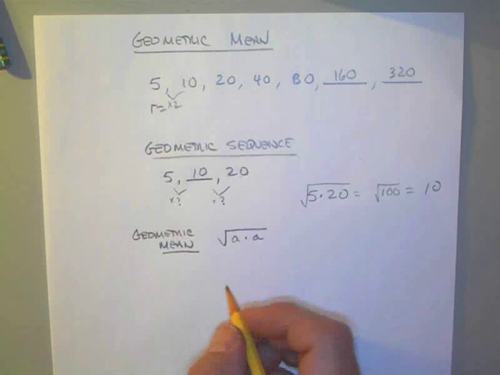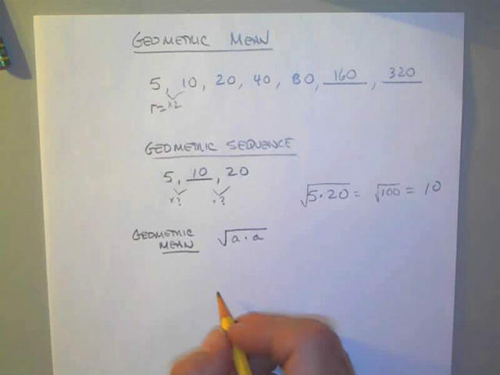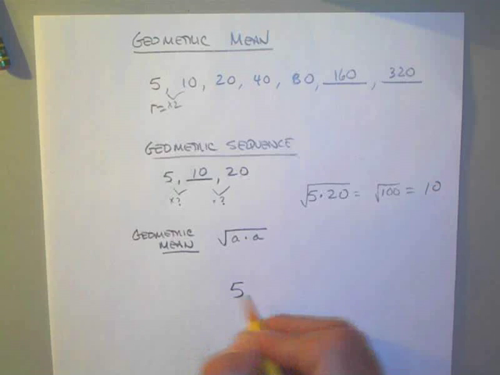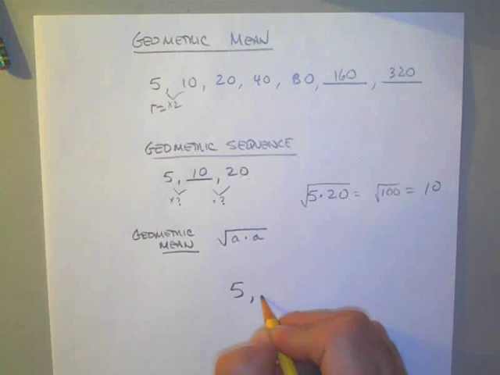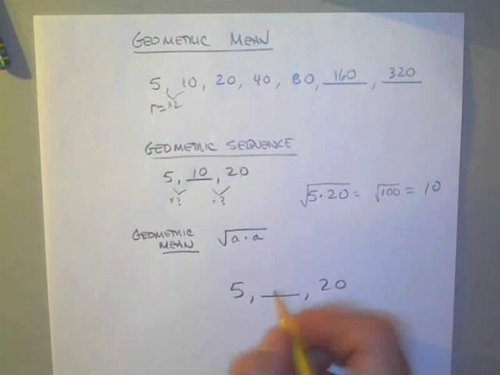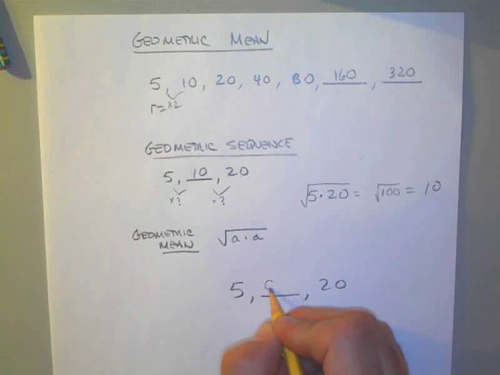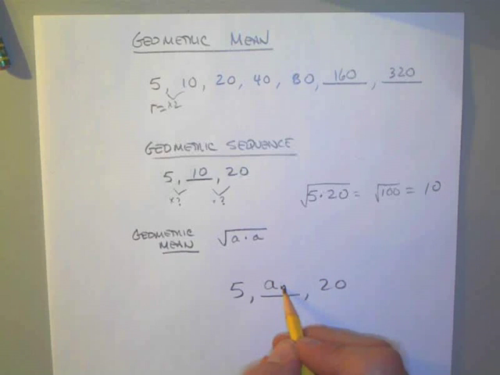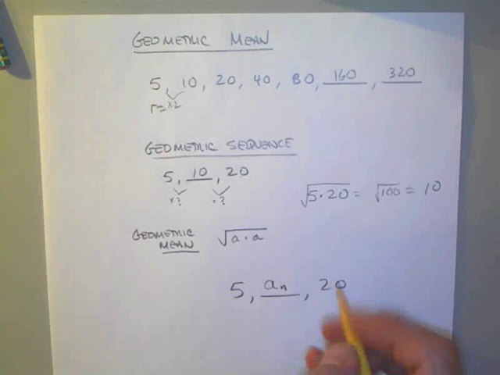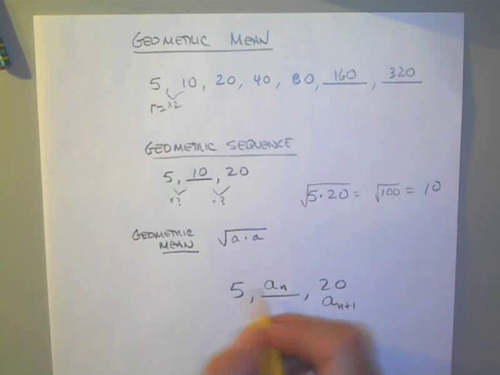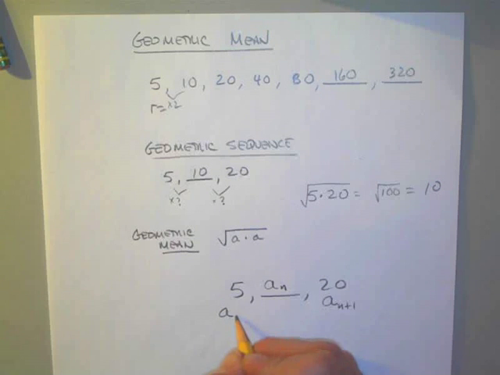So let's put this in some mathy language here. If we have the 5 and the blank and the 20, we want to figure out what this term is, an. Well, this next term is going to be an plus 1, and the previous term is going to be an minus 1.